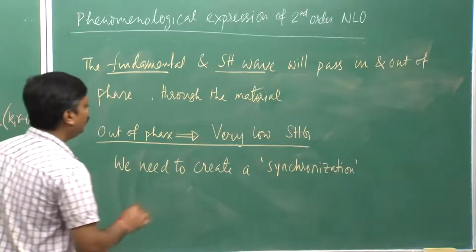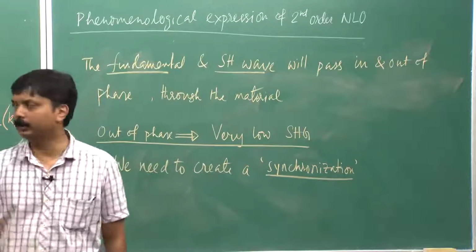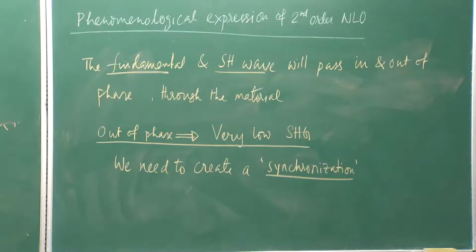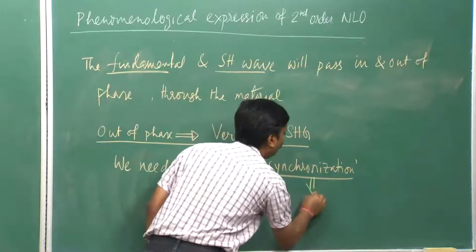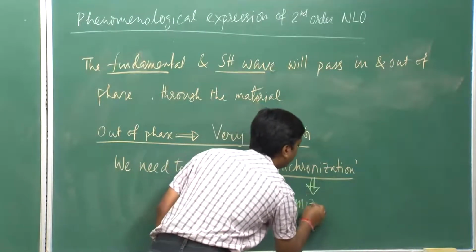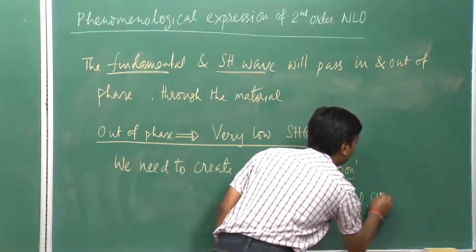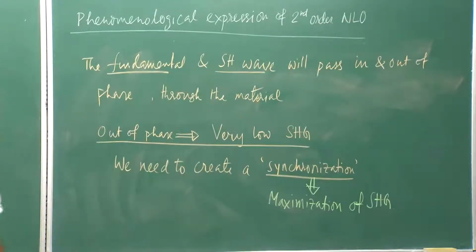I cannot let that happen, and I need to create a synchronization between those phase velocities. If I can have the synchronization, that will essentially lead to maximization of second harmonic generation. Not too difficult to understand here, right?